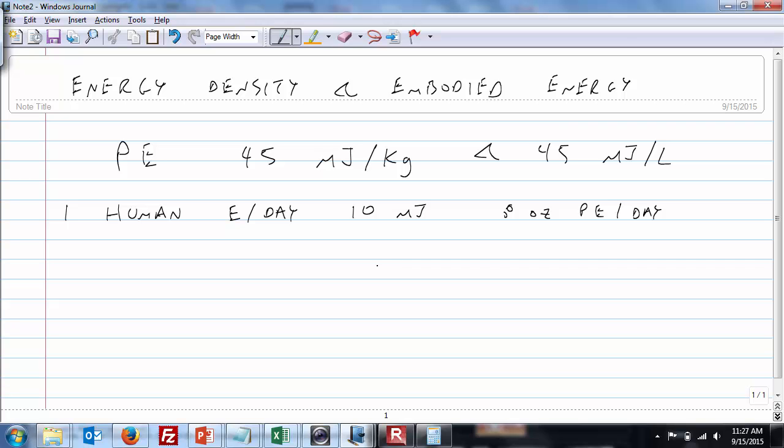Now, let's see how the energy densities compare with the embodied energy of polyethylene. And before we get too much further here, this is what ethane looks like.